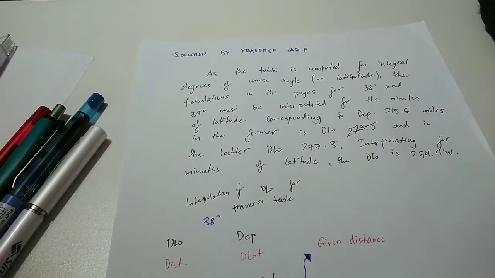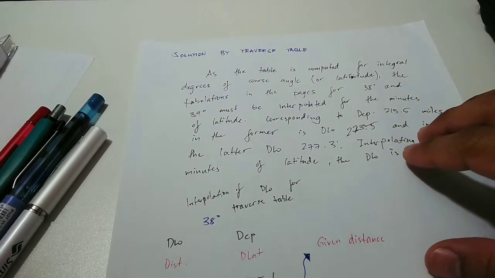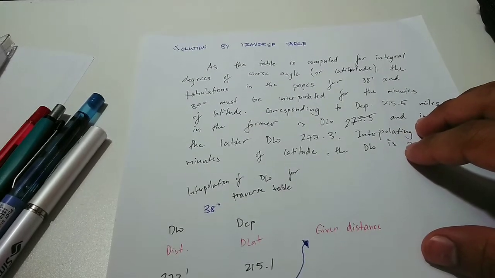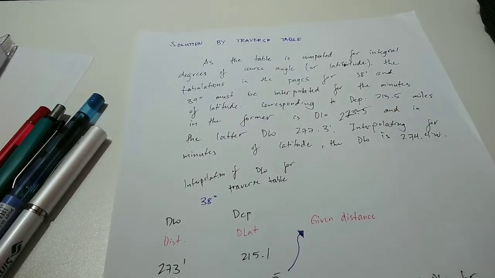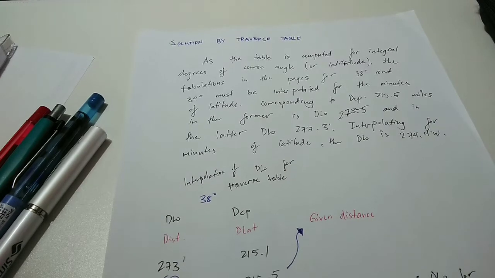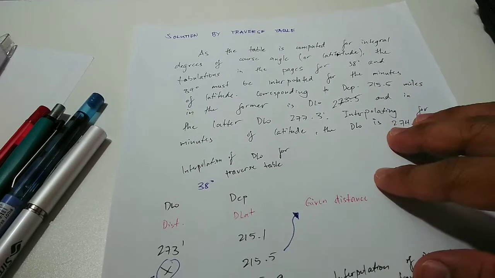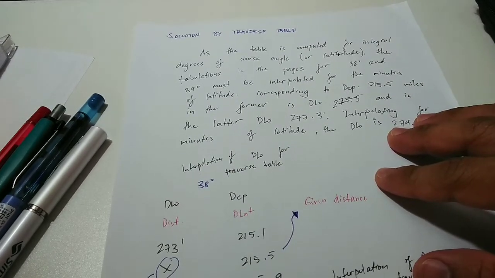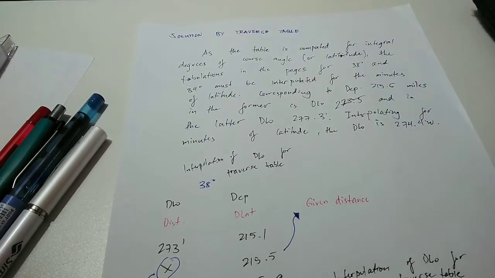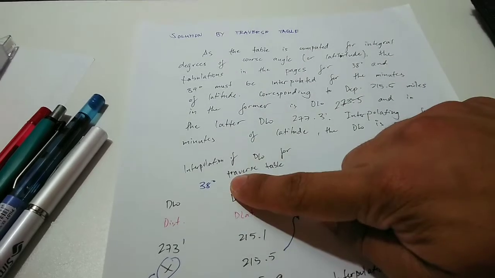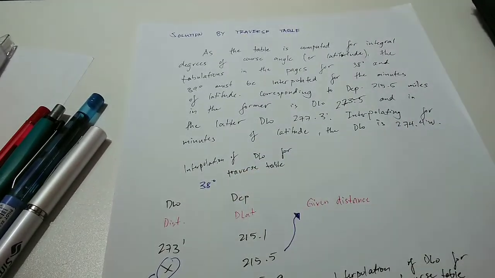The first step in using the traverse table in parallel sailing is to use the latitude 38 degrees 15 minutes. In this scenario, we don't have a table for 38 degrees 15 minutes, so we utilize the previous and next course angle tables, which are 38 degrees and 39 degrees.